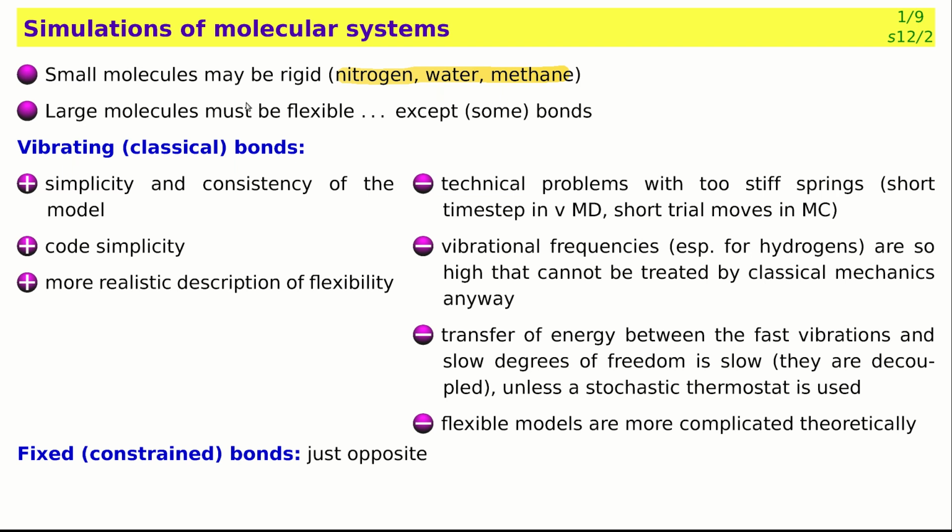Such molecules are flexible, and we have a force field to describe this. These force fields usually contain bonds modeled by harmonic oscillators. Okay, but there are disadvantages of this approach, but also advantages. So let's try the simplest way, that is vibrating bonds.